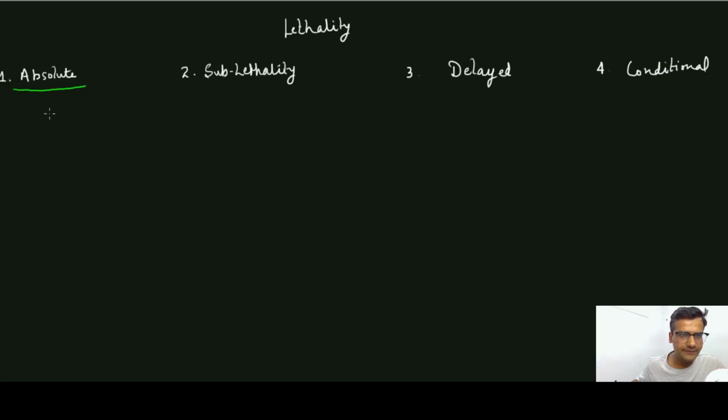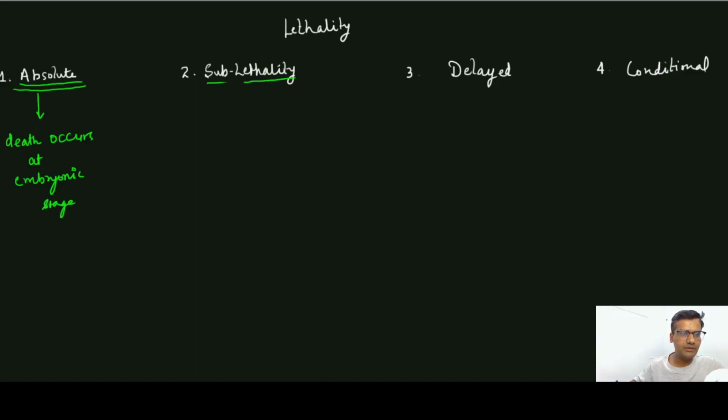Absolute lethality. Absolute lethality means, the one example we have already seen, that is coat color in mice. That means death occurs at the embryonic stage. The other kind of lethality is sublethality.